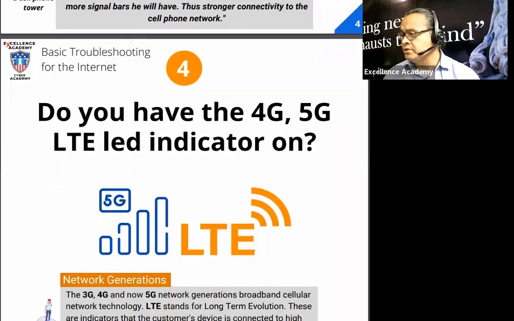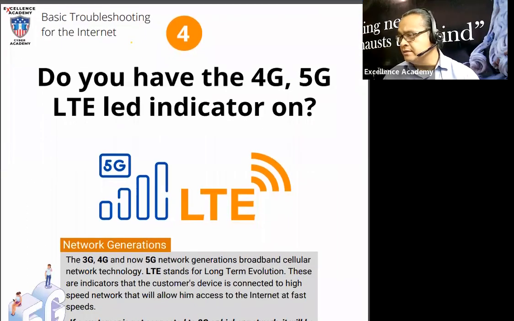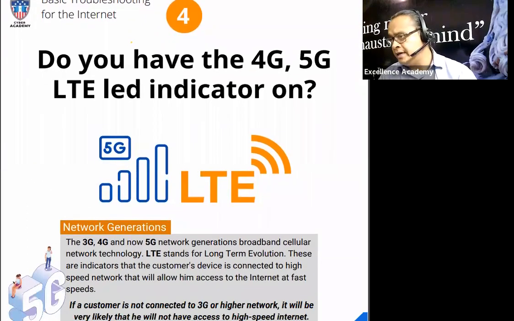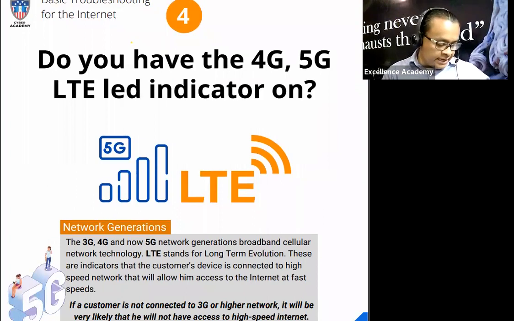Question number 4, as you've noticed, there are a series of questions that we ask. Question number 4 is, do you have the 4G, 5G LED, LTE LED indicator on? This is a visual indicator that lets us know if the customer is connected to a high-speed internet connection.